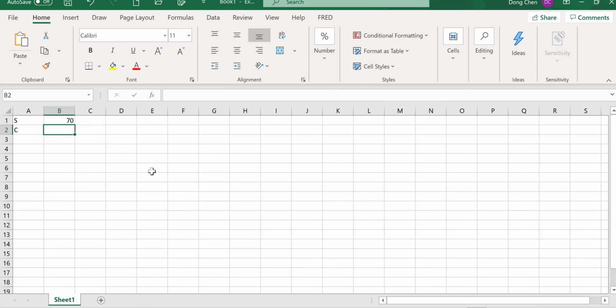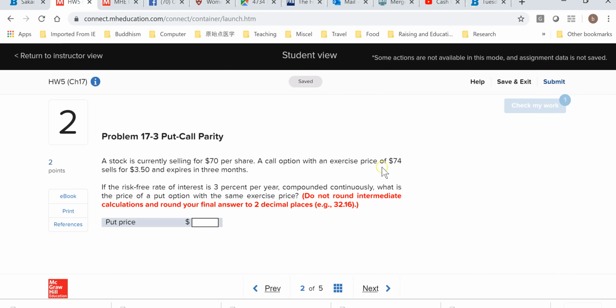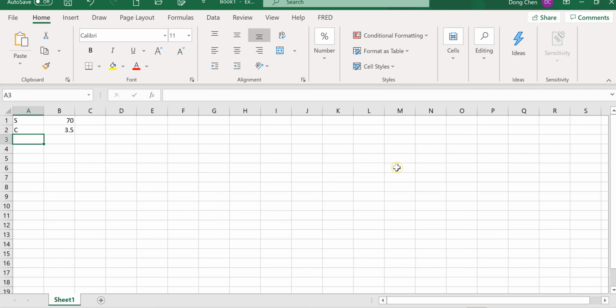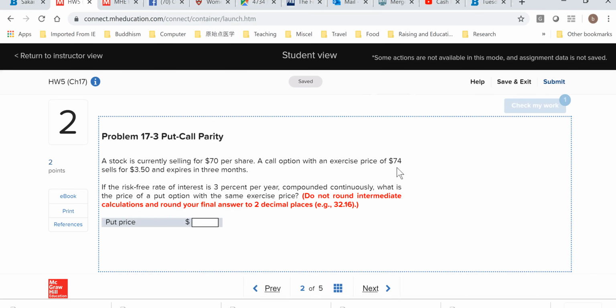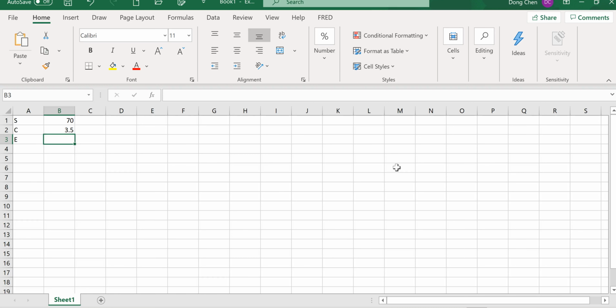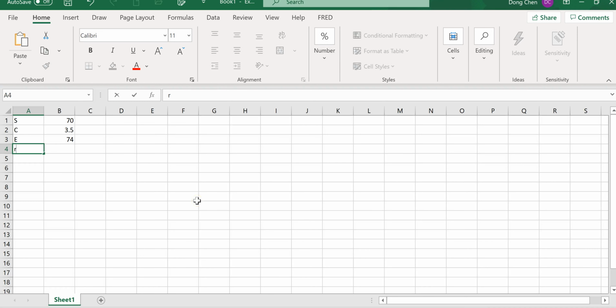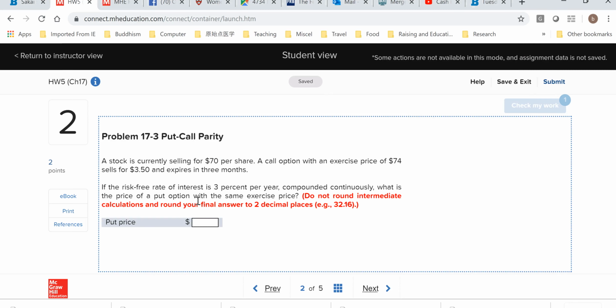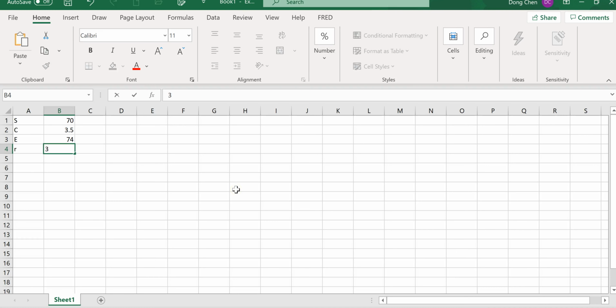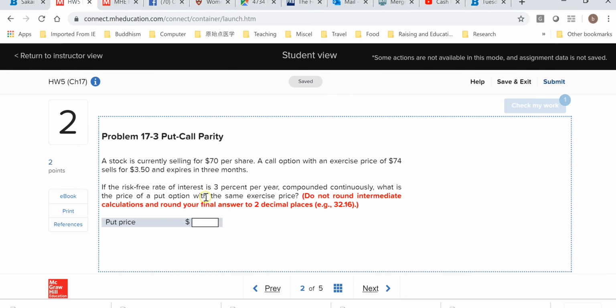So that's C, 3.50. And the exercise price E here is 74. And then the next one is this R. R is 3%. That's the risk-free rate.